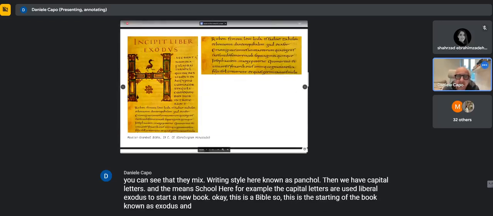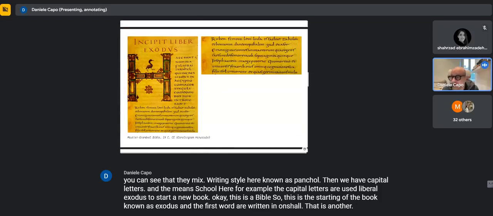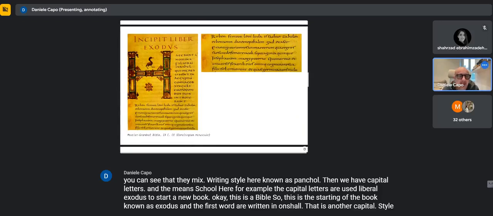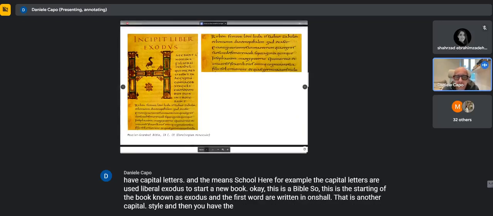And the first word are written in Anchal, that is another capital style, and then you have the minuscule.